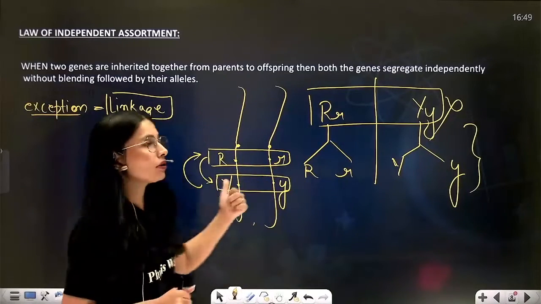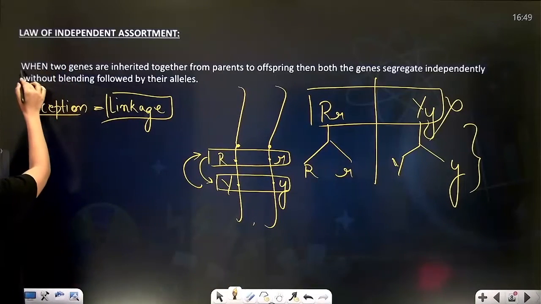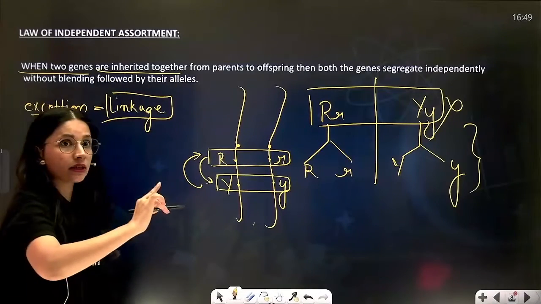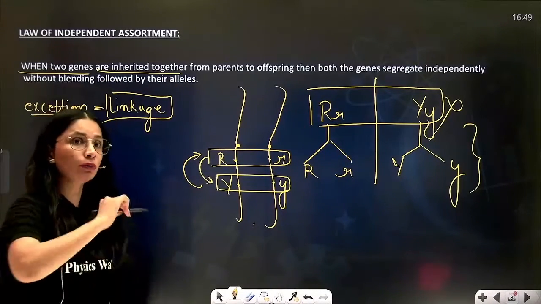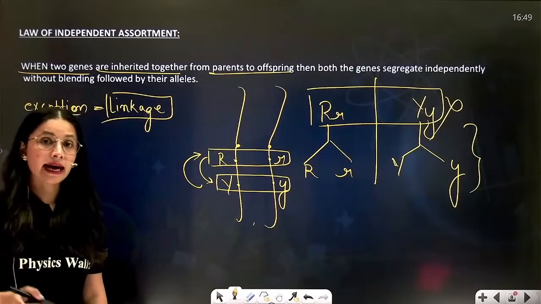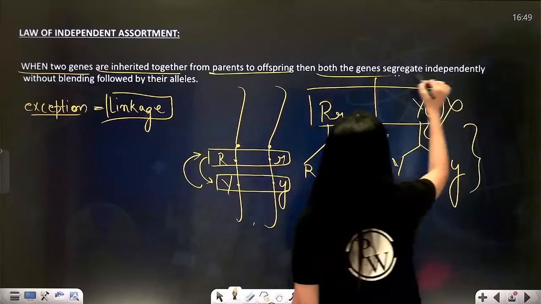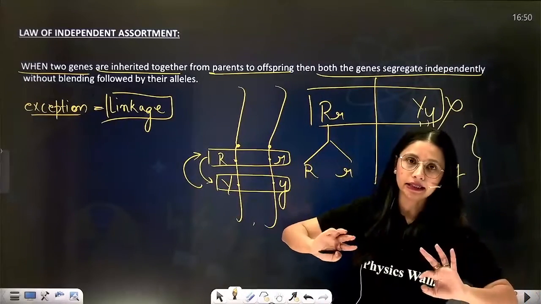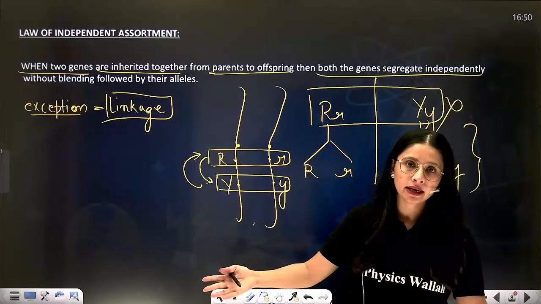So what is written on the screen? According to this law, when two genes located on homologous chromosomes are inherited together from parents to offspring, then according to Mendel, both the genes segregate out independently, and later their alleles also segregate.